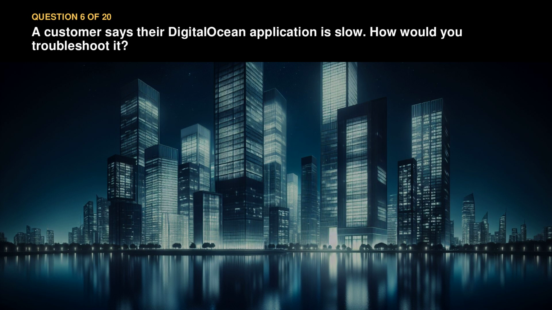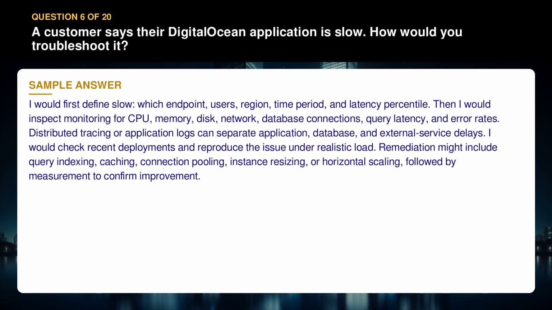Question 6. A customer says their DigitalOcean application is slow. How would you troubleshoot it? I would first define slow: which endpoint, users, region, time period, and latency percentile. Then I would inspect monitoring for CPU, memory, disk, network, database connections, query latency, and error rates.